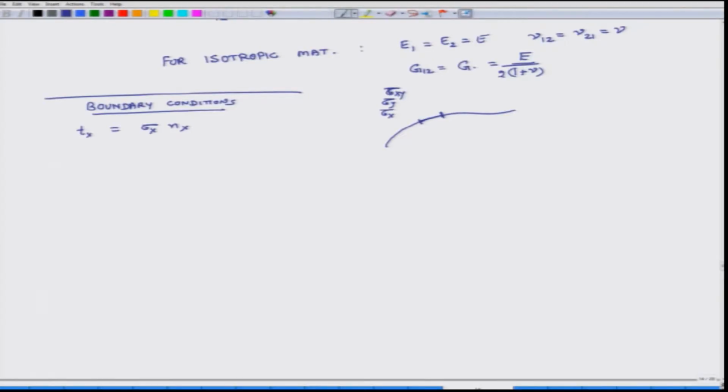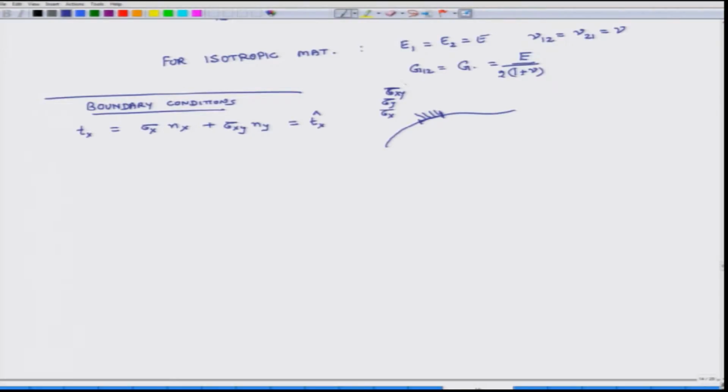I can apply all three of those. If I know these conditions, then sigma x times nx plus sigma xy times ny is called traction in the x direction. And if it is specified, I will say that its value is Tx hat.